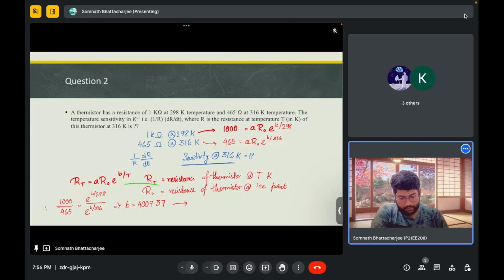So from this we can write directly 1 by R_T into dR_T/dT equals minus B by T square. And the other parts we have to just directly calculate. So for this term we know already the value of B, right?